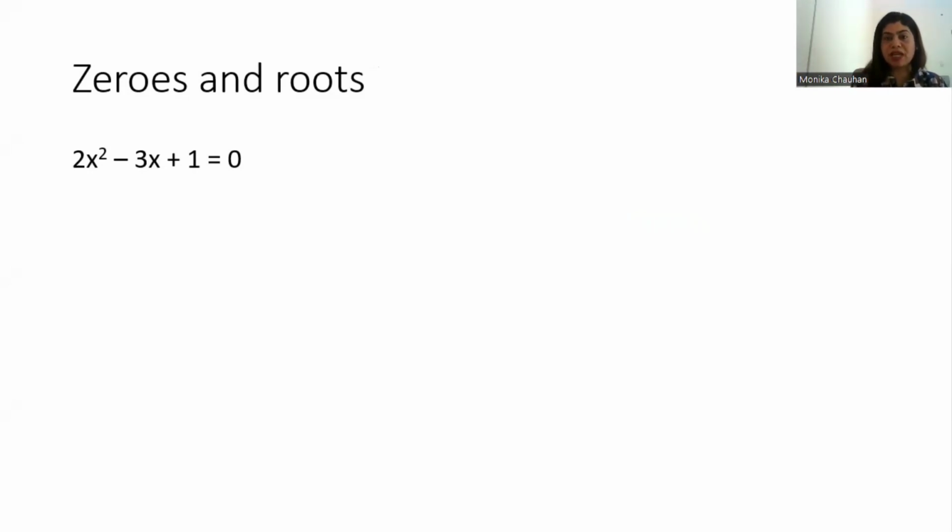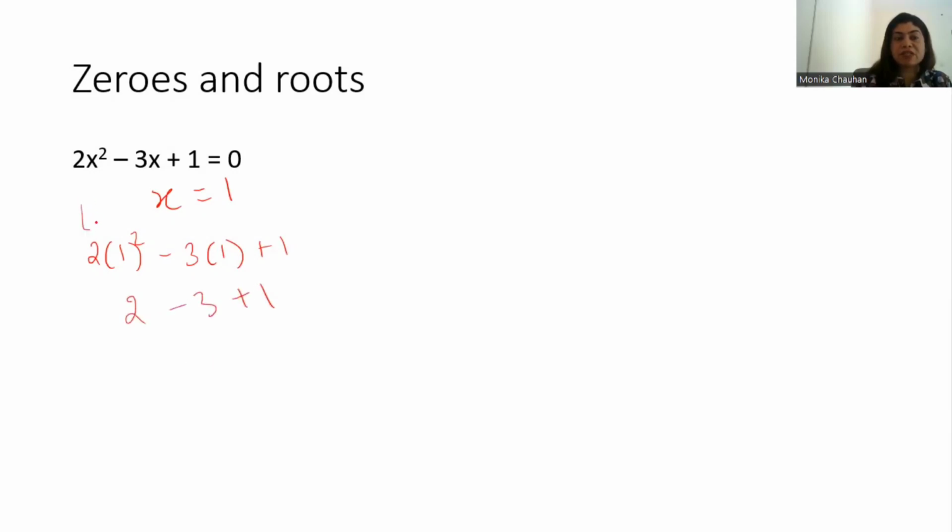Suppose I have this particular equation. Now if I want to replace x by a value of the variable, suppose I take it as 1. When I replace x by 1, it becomes 2 minus 3 plus 1.